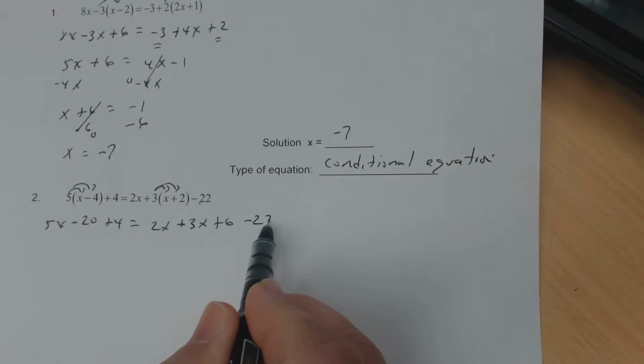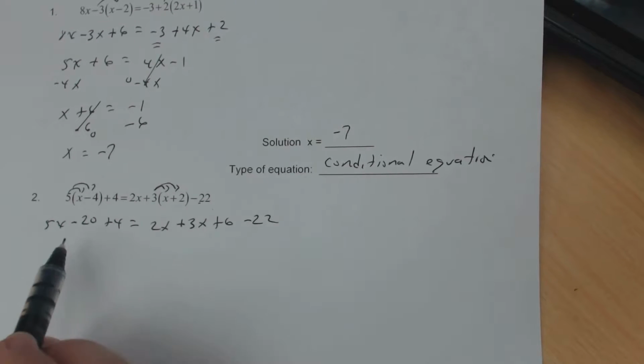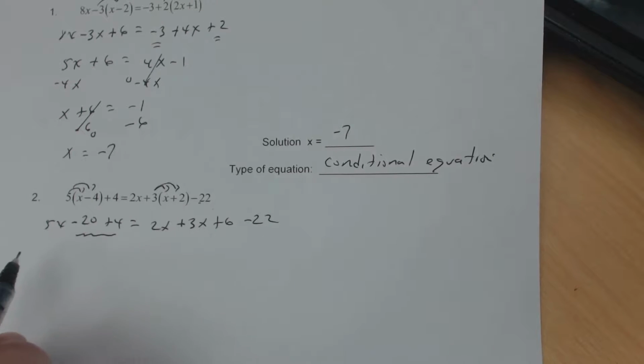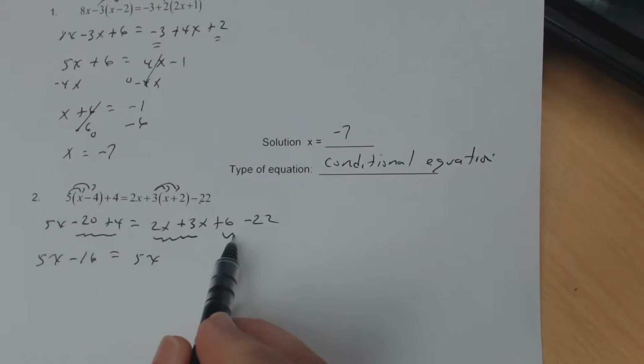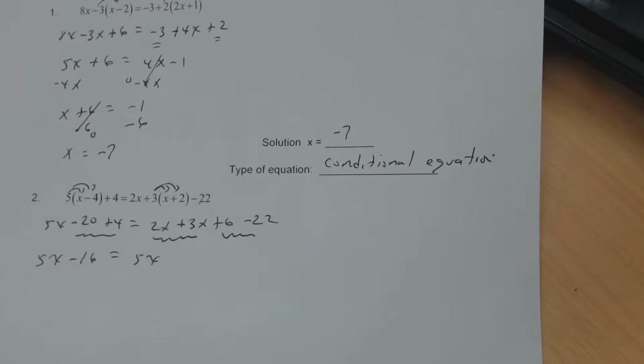And then subtract 22. Combining like terms, a negative 20 and a positive 4 is a negative 16. So I get 5x minus 16 equal 2x plus 3x is 5x. 6 minus 22 is a negative 16.